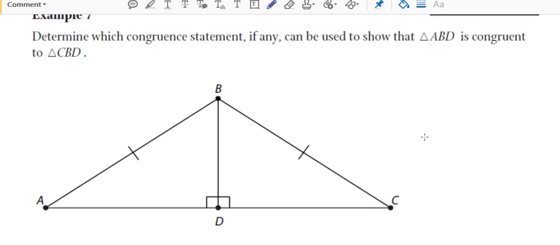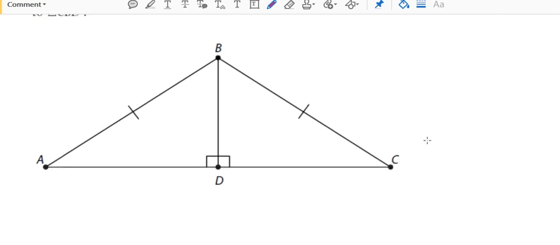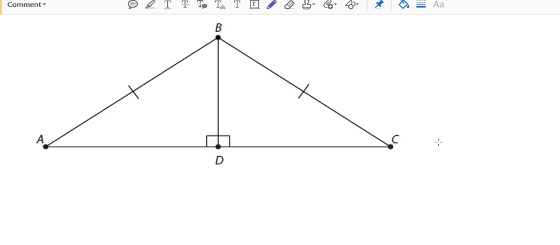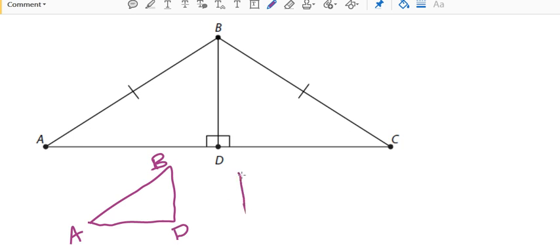All right, so this is the same thing here. We do have a right triangle, so that's something to think about. But again, we have overlapping triangles, and anytime I have overlapping triangles, I'm going to draw them out as their own triangles. So I'm going to draw this one out as A, and I'm going to draw this one out as DBC.